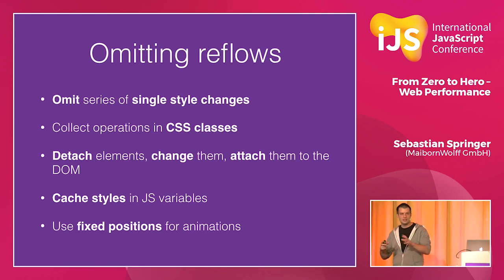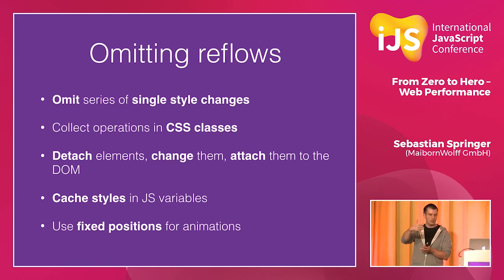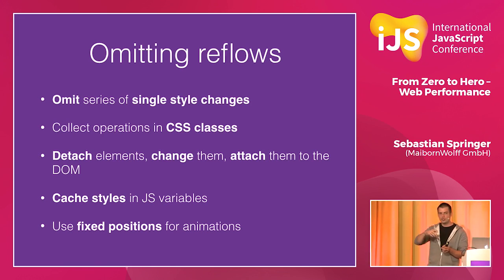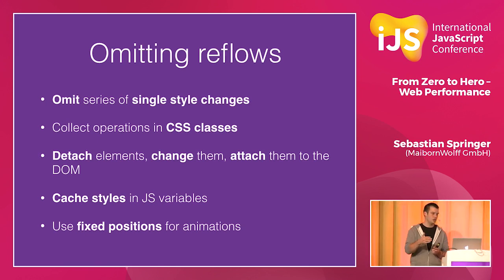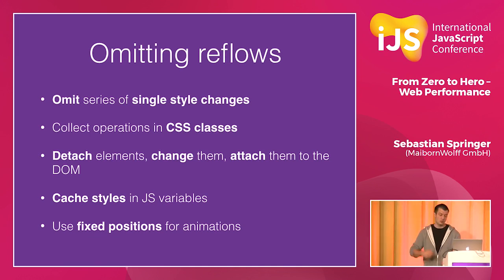Change the element, so the subtree of your DOM, and then the changed subtree is appended to the DOM or attached to the DOM again, and you have only two layout changes, which is the removal of the subtree and the attachment of the subtree, and not every single change. Yeah, and the last thing is use fixed positions for animations, because that's good for performance.